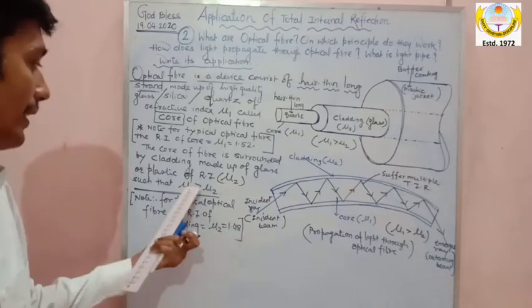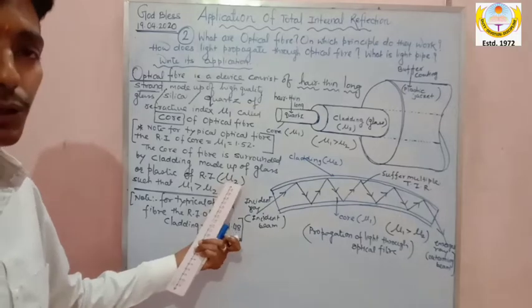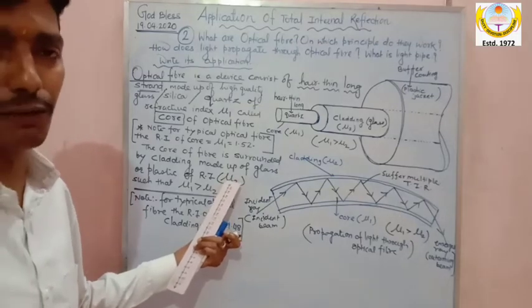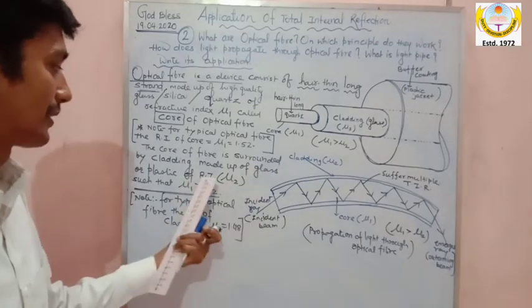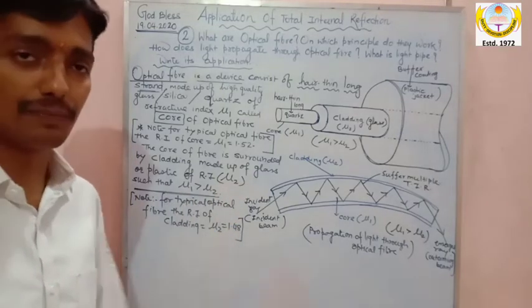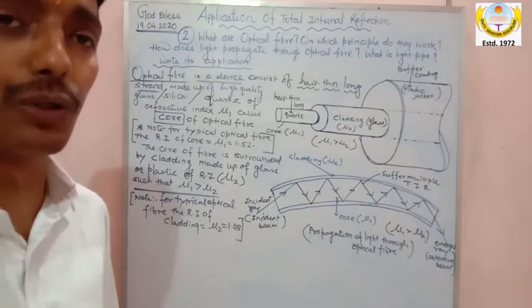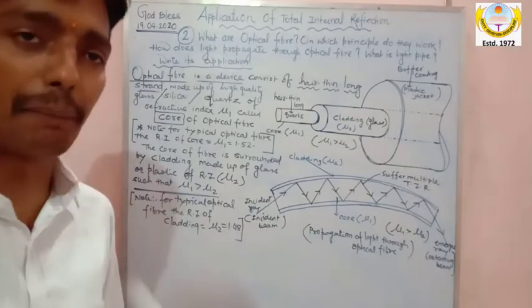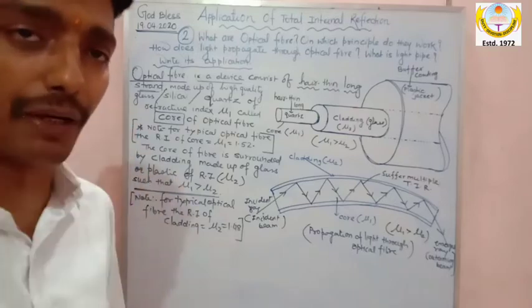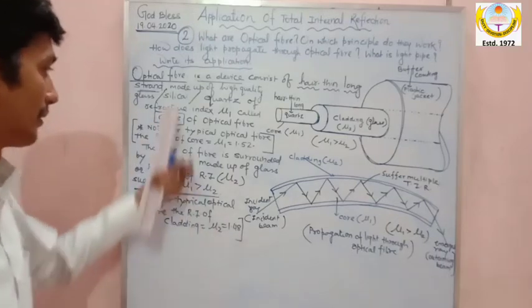The cladding is made up of glass or plastic of Ri mu 2, because Ri is always for a material, such that mu 1 is greater than mu 2. That is, the Ri of the core is more than the Ri of the cladding. For typical fibers, the Ri of the core is 1.52 and the Ri of the cladding is 1.48. I hope it is clear.